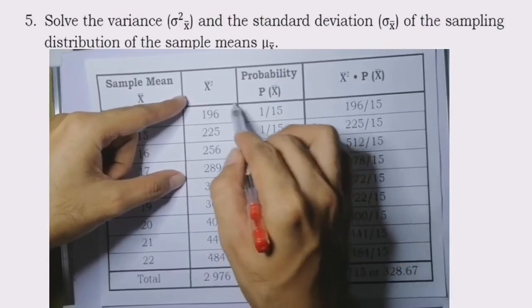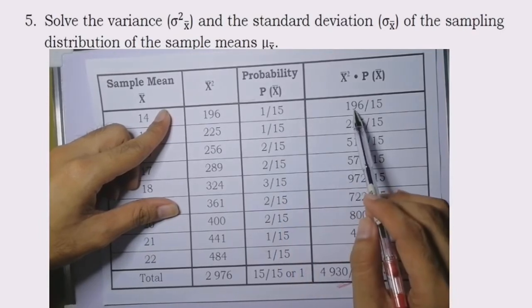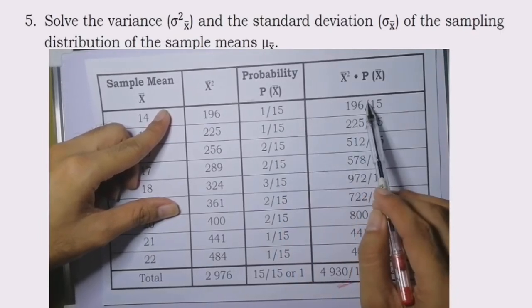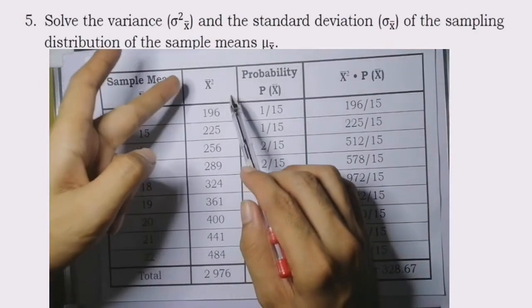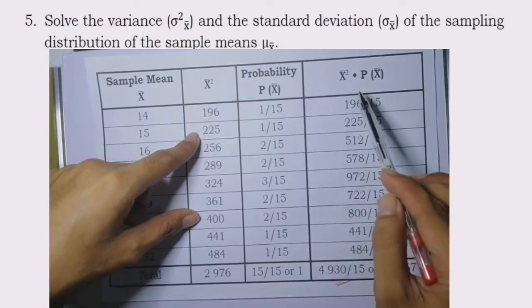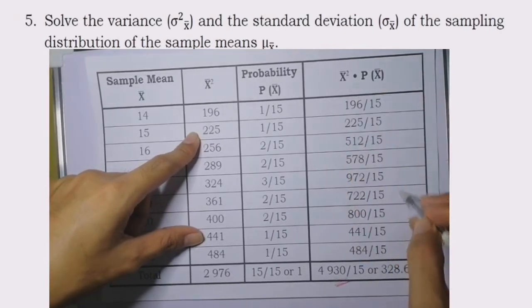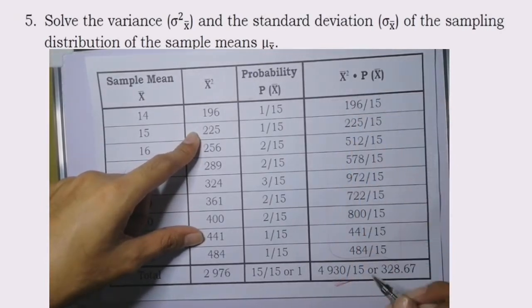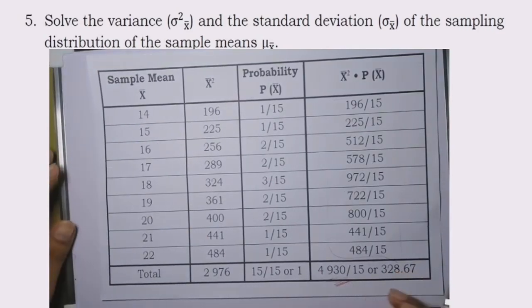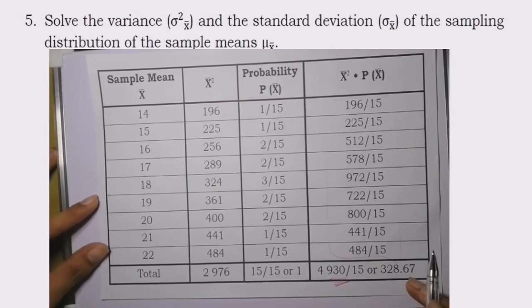So 196 times 1 over 15 is 196 over 15, and so on for all of them. Then we add everything. The total is 4,930 over 15, and simplified, 4,930 divided by 15 is 328.67.